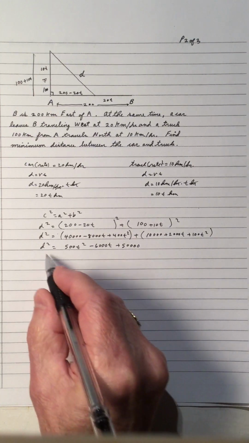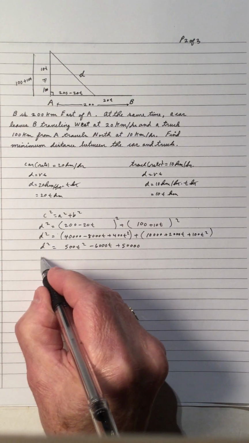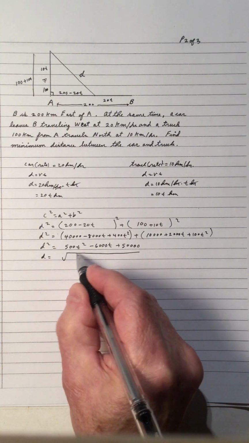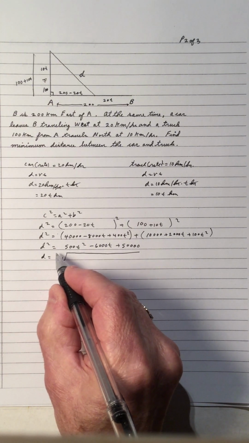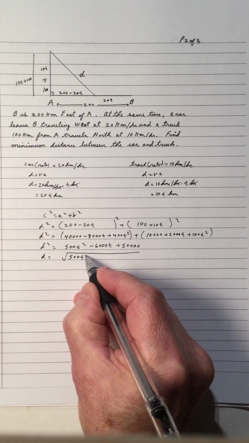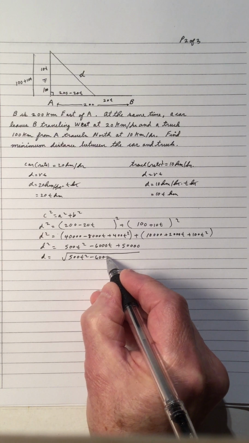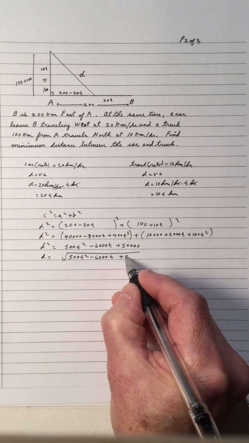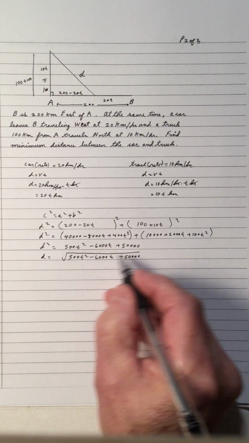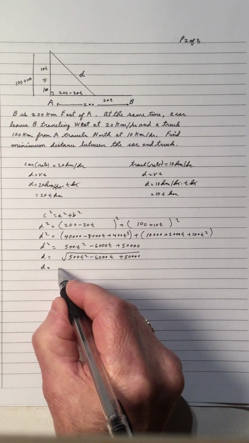You can use your calculator. Now that's d squared, but d is the square root of that, and we can go plus or minus, but we're not going to go negative distance, so d is the square root of 500t squared minus 6,000t plus 50,000. We simplify that to make it easier.